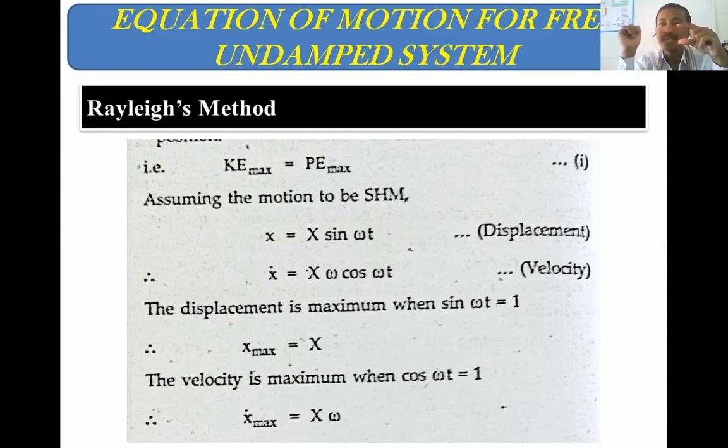Maximum kinetic energy should be equal to the maximum potential energy. Okay. So by using this concept, we will get the equation of motion.